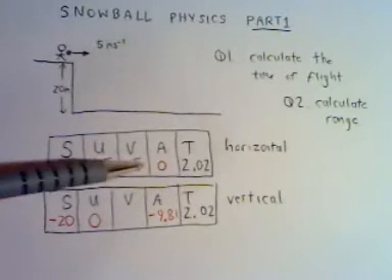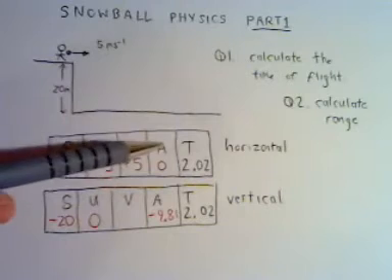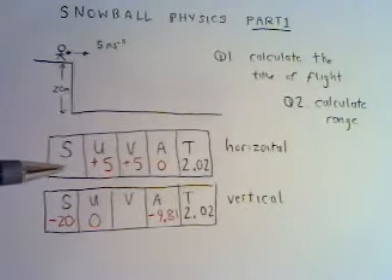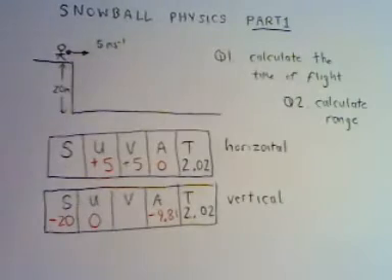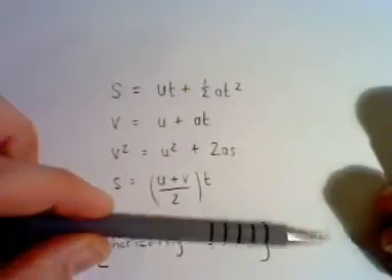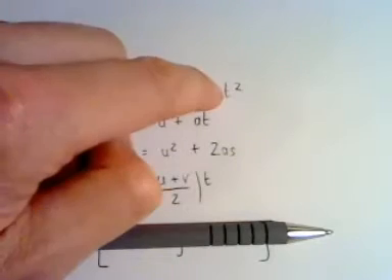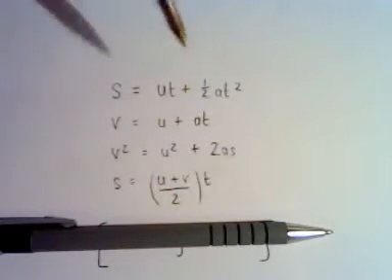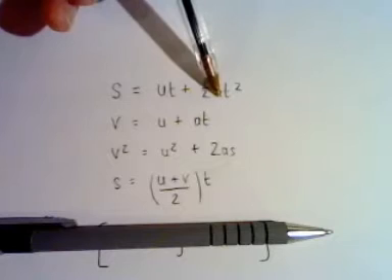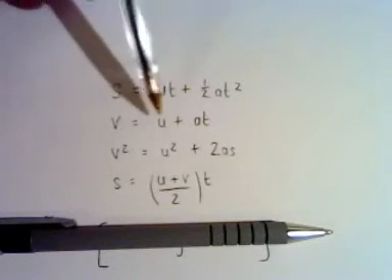Now we have 1, 2, 3, 4, 5 values here. We know u, v, a and t, and we've been asked to calculate the horizontal displacement, the range here. Now if we return back to our Suvat equations, what you'll see is, because the horizontal acceleration is 0, because there's no air resistance, this term is 0, so we get s equals ut.